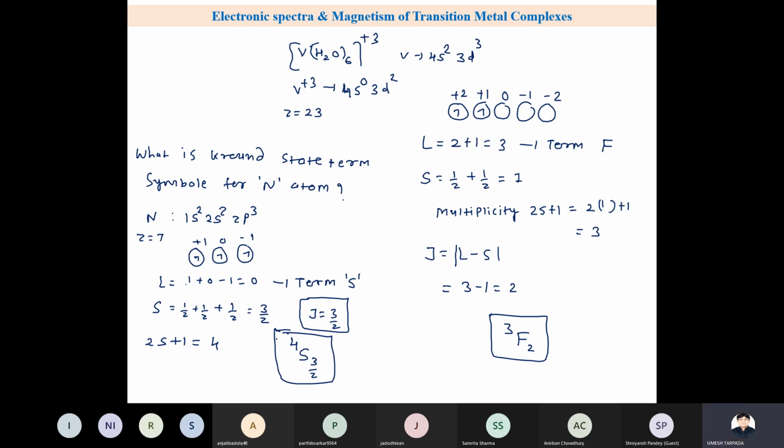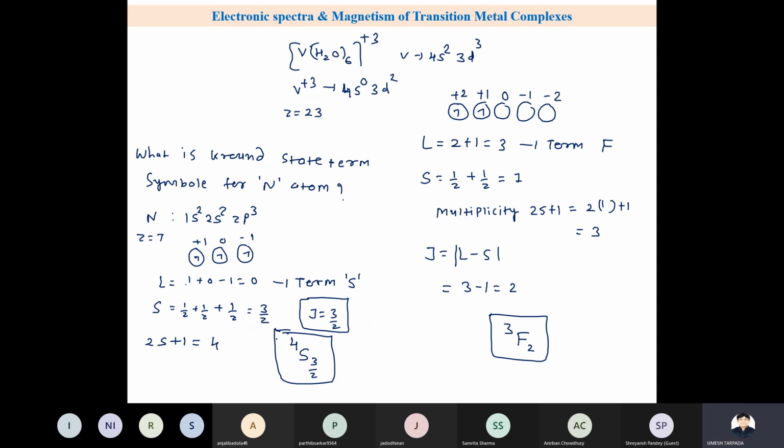So in this way, you can calculate various terms, and possible J values start from L plus S down to L minus S. Now, in the term symbol, if you want to identify the ground term, that means the lowest energy term.